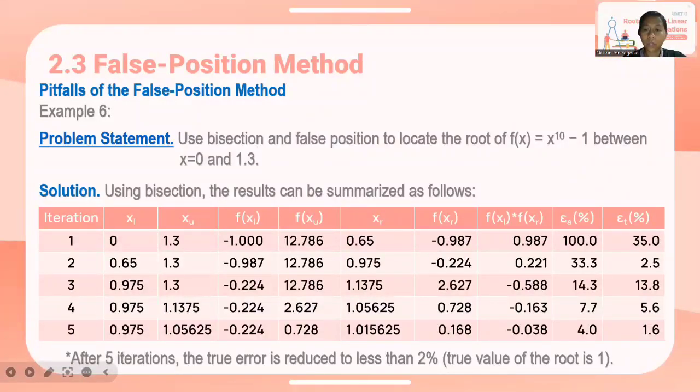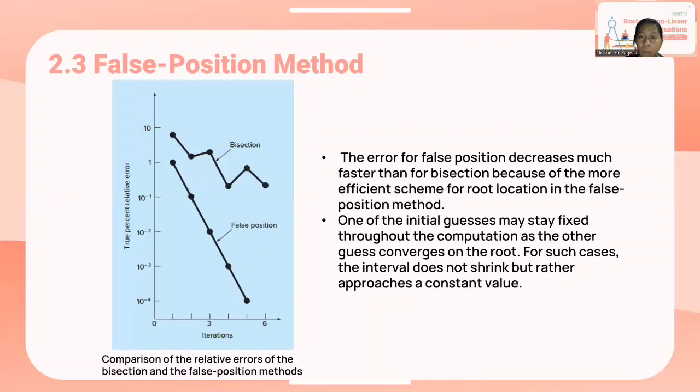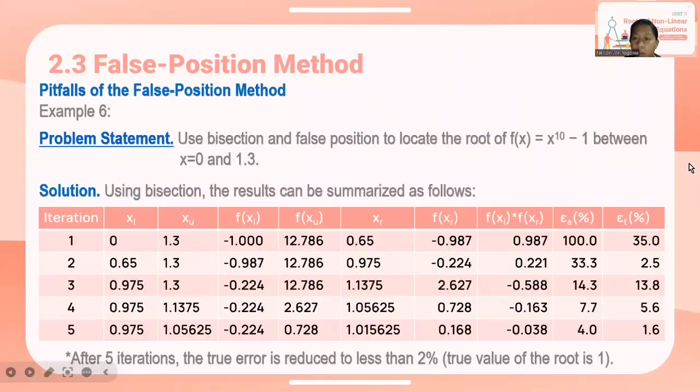And then the function of XR equals negative 0.987. The approximate error is 100%, and the relative error is 35%.